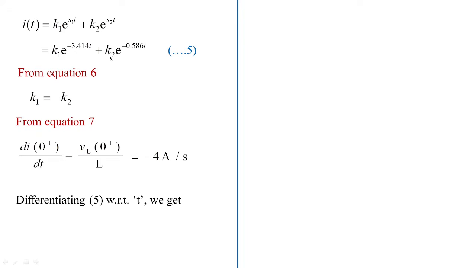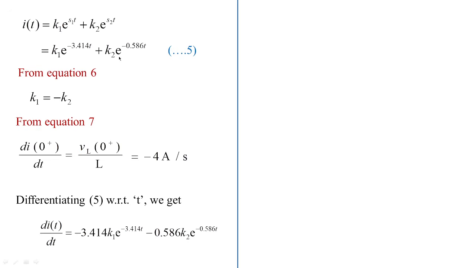So I'm going to differentiate equation 5 one time with respect to t. What am I going to get? I'm going to get di by dt of t is equal to minus, see here you have in equation 5, k1 e to the power of minus 3.414t. Differentiation of e to the power of minus 3.414t will be equal to e to the power of minus 3.414t multiplied with minus 3.414.